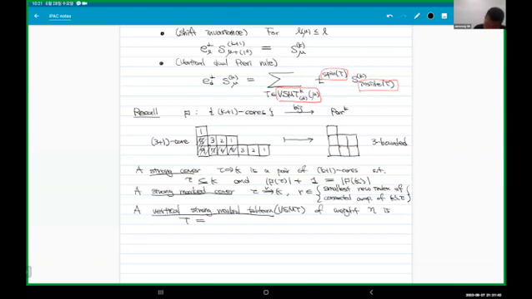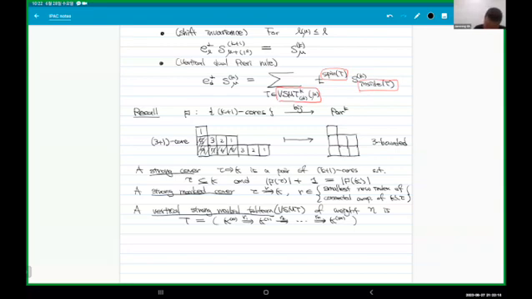So T is a tableau, and T is a sequence kappa 0, kappa 1, kappa 2, and so on, up to kappa M, and they have markings R1 through RM.